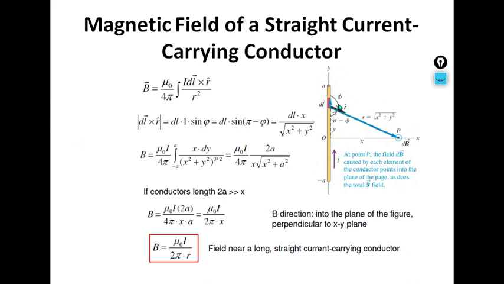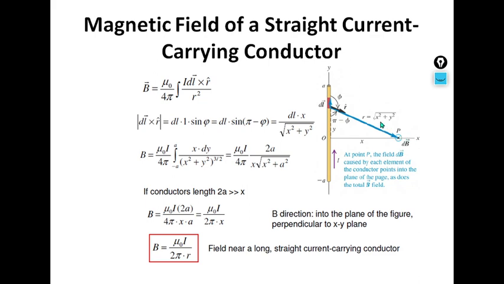I can take this part as pi minus phi, and the distance from this current conductor to this point is x, and the distance from the center point to this current conductor is y. So the distance from the element to point P is r, root over x square plus y square.